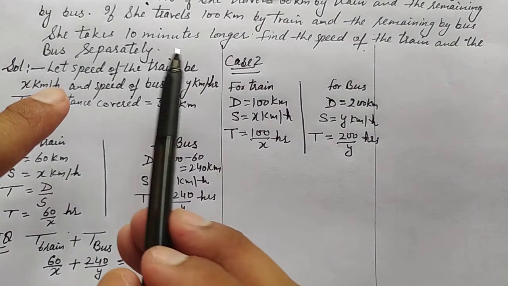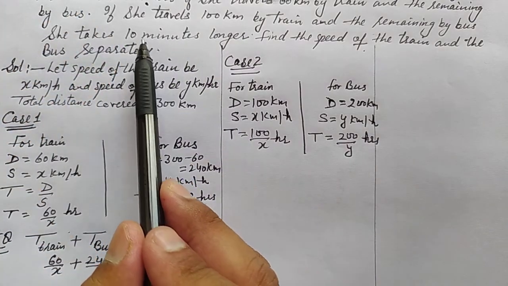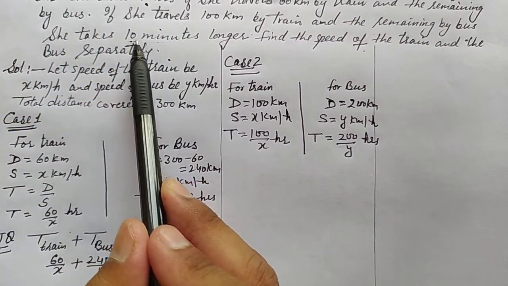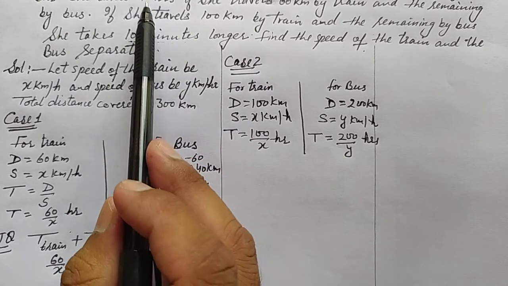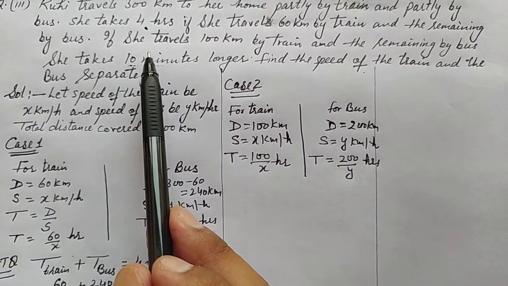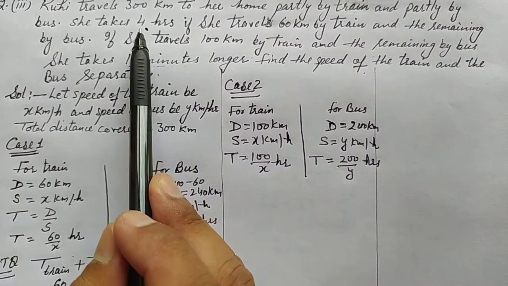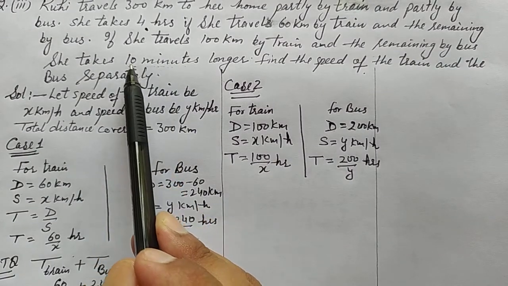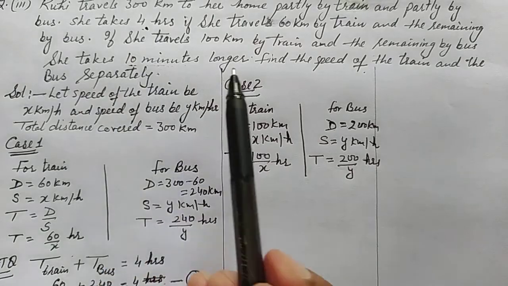Now if you see here, total time taken in second case is 10 minutes longer than the previous case. 10 minutes longer than the first case. So in first case time is 4 hours. So in second case time will be 4 hours 10 minutes.